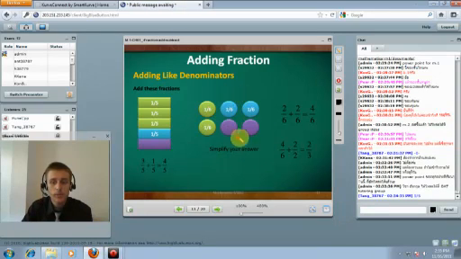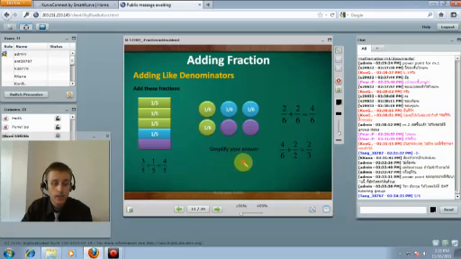In this second example, we have 6 pieces. 2 over 6, that's how many are green. 2 over 6, how many are blue? Add them. The 6 stays the same. You add the numerators, so 2 plus 2 is 4.